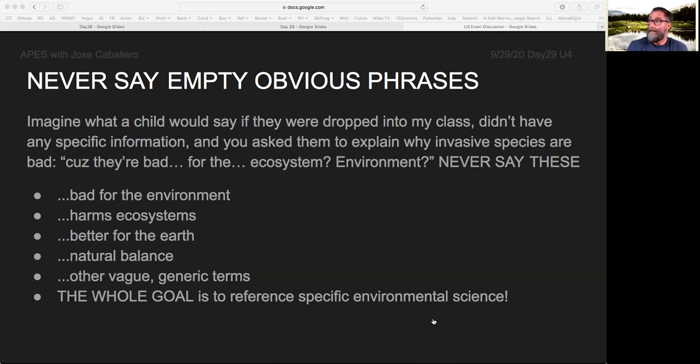It's bad for the environment? And they don't know anything. It's just a guess. You never say that sort of stuff because you just sound like a child who doesn't know. Don't say it's bad for the environment. Don't say it harms ecosystems. Don't say it's better for the earth. Don't ever use the phrase natural balance. Don't say anything vague or generic. The whole goal is for you to reference specific environmental science.